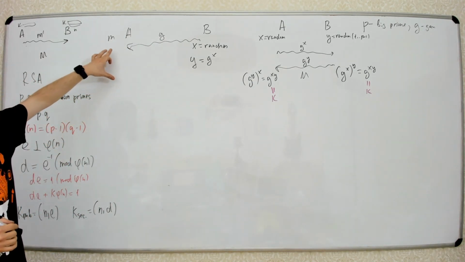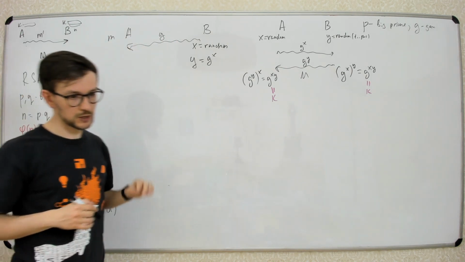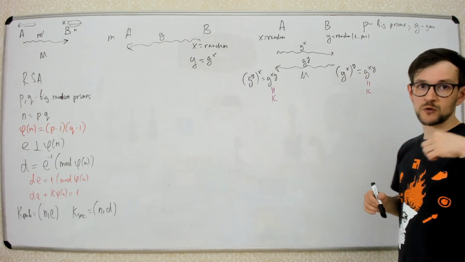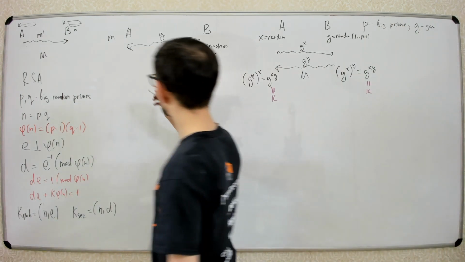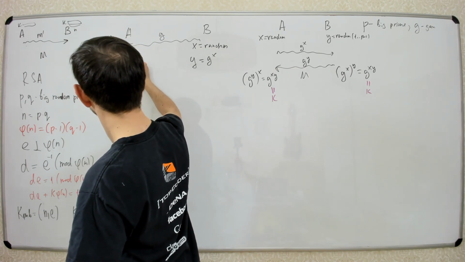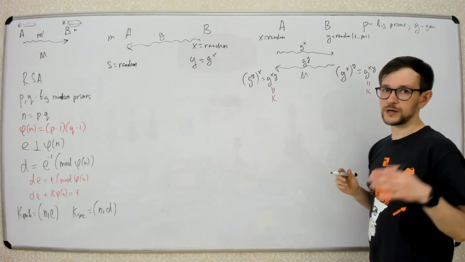Now, how can A send this message using this public key? It's done like this. A generates some random number, let's say S, and then calculates two numbers.